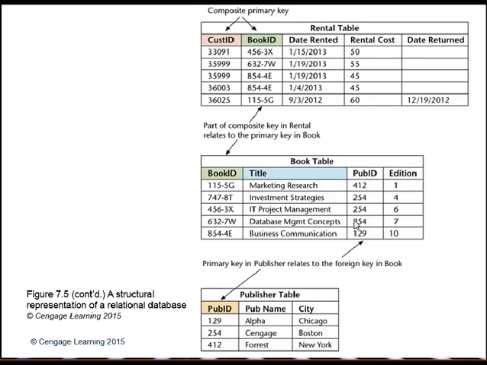And then you could use part of that composite key to look up books via the book ID in the book table. And in turn, you could even get information from the publisher ID in the book table through a lookup to the publisher table.